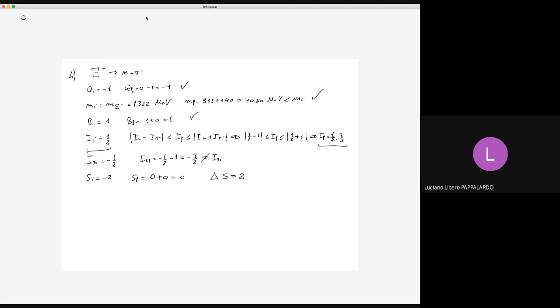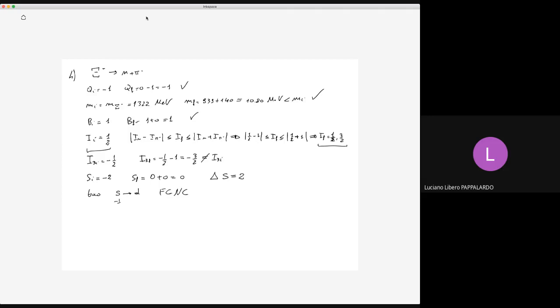The problem here, and this we will study next in the course, so we probably cannot understand it at the moment, is that in order to get this decay, you need a transition from the s quark into the d quark. That's why we get a strangeness change of 2. But these kinds of transitions are so-called flavor-changing neutral currents, because the charge is conserved.